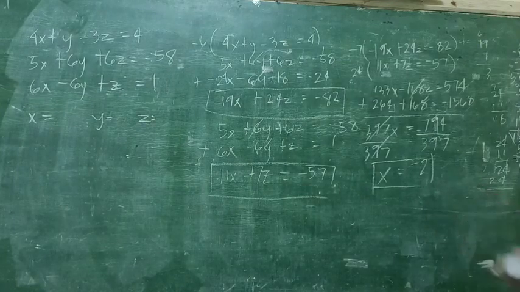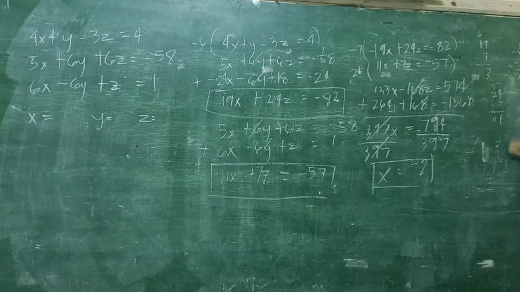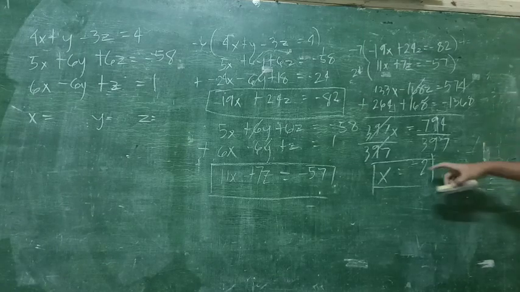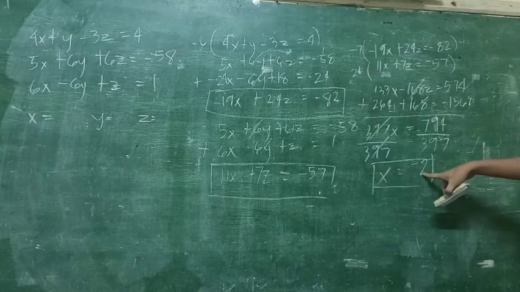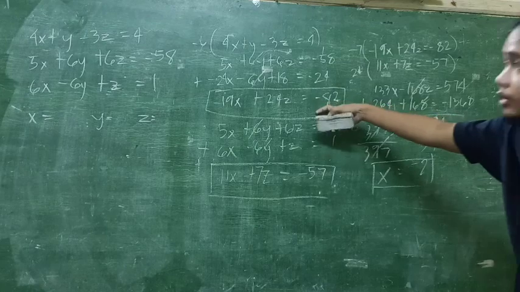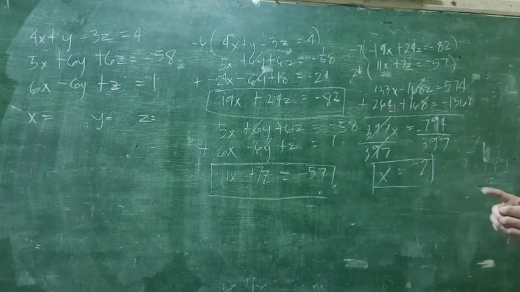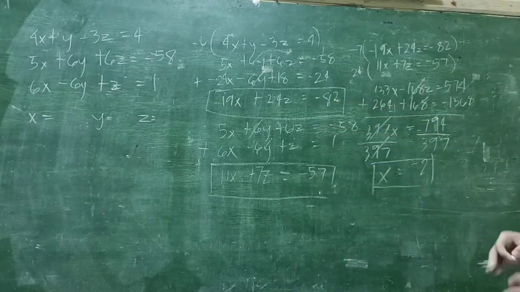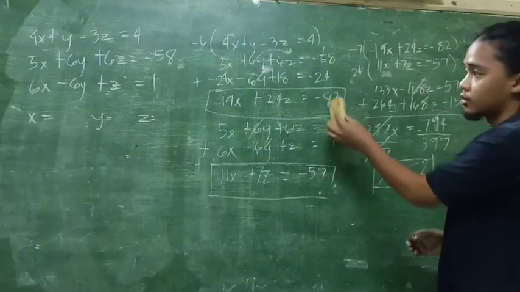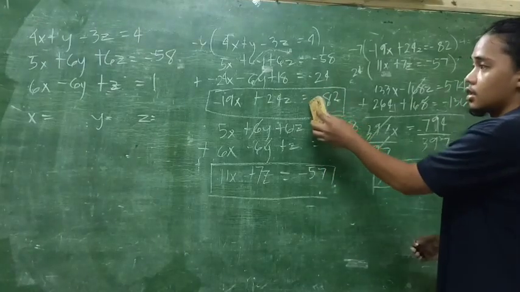So now that we have the value of our x, we just simply substitute it into one of the two equations we have come up with. I'll be using the first one.